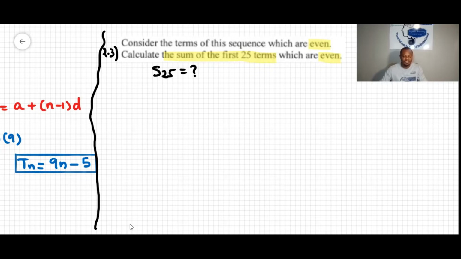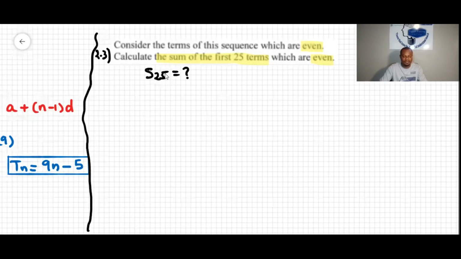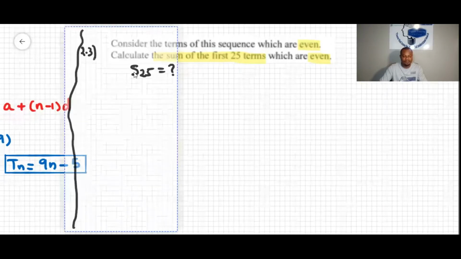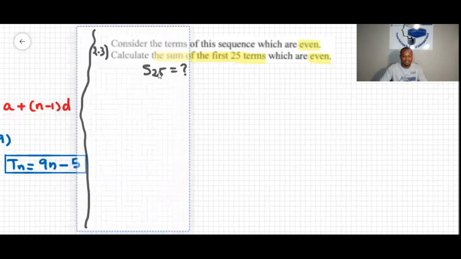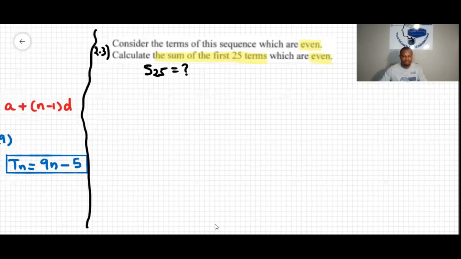What do we know about Sn? We do know two formulas. Let me move this a little bit over here. S25 is what we're looking for.